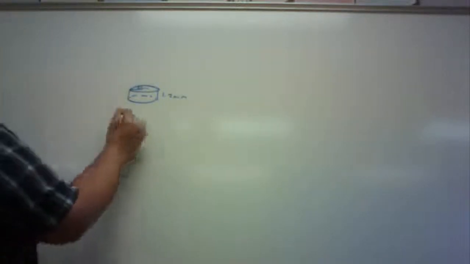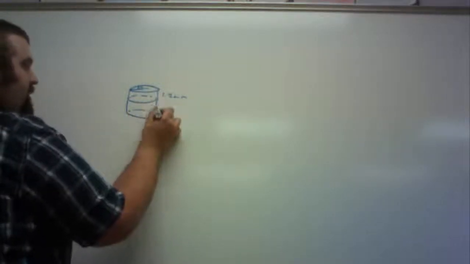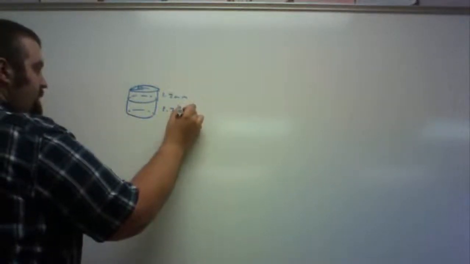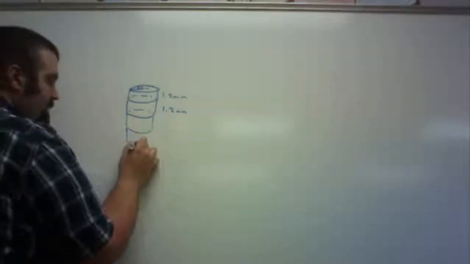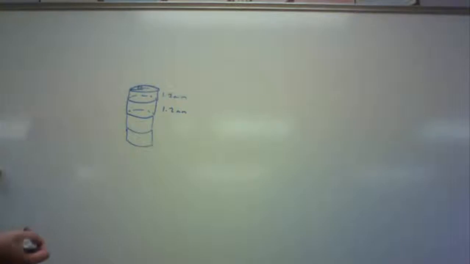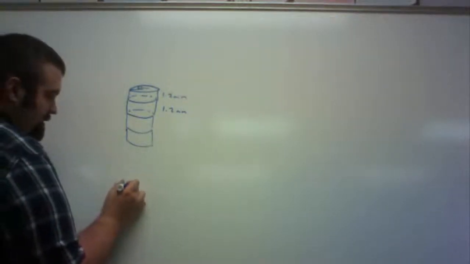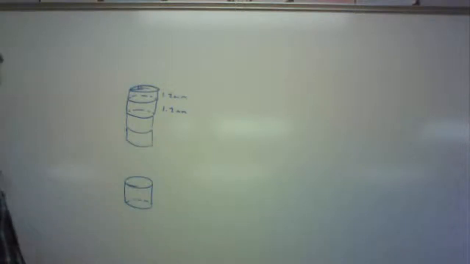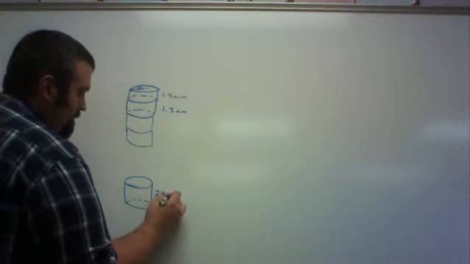Wait, if I'm stacking 20 discs, that means I added another one here with another height of 1.2 millimeters. I added another one and another one, a total of 20. So I could really just draw myself one picture here. The height of 20 of those discs put together is just 20 times 1.2, or 24 millimeters.